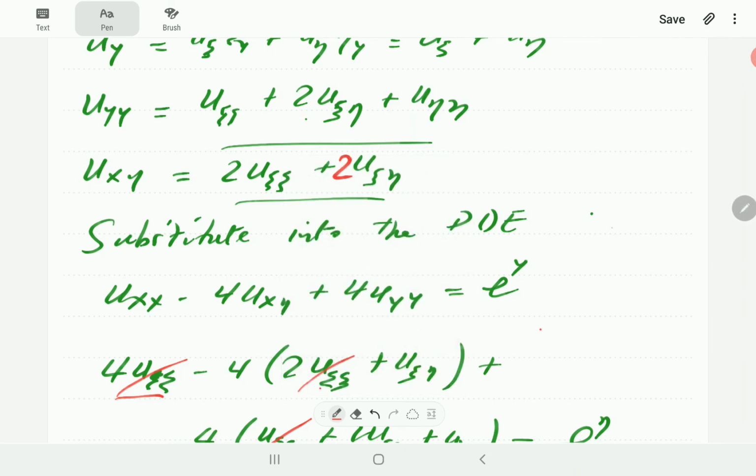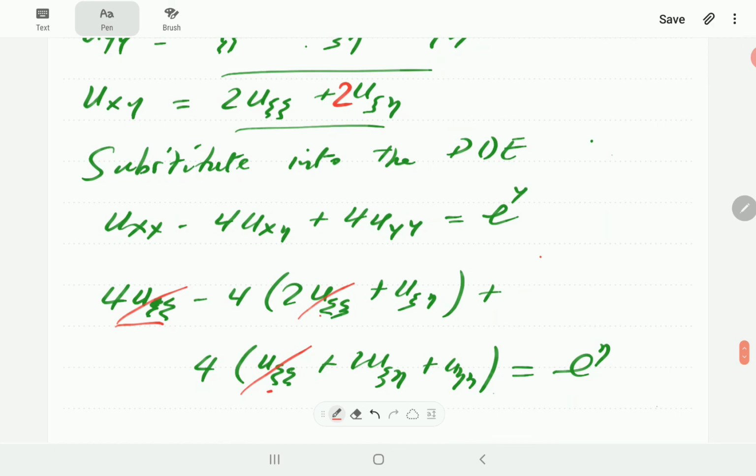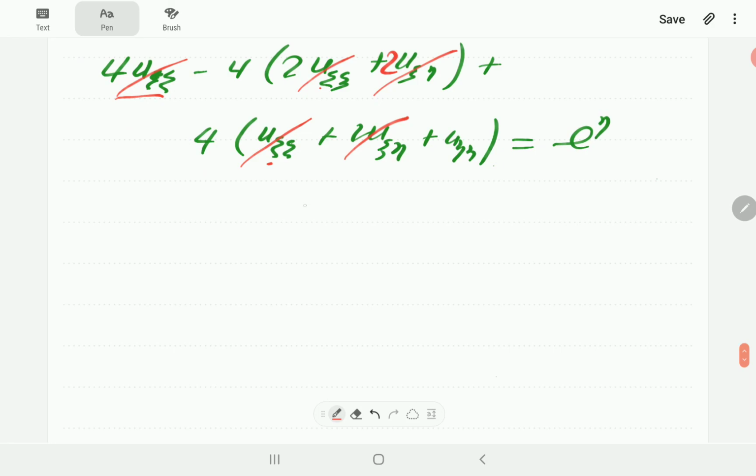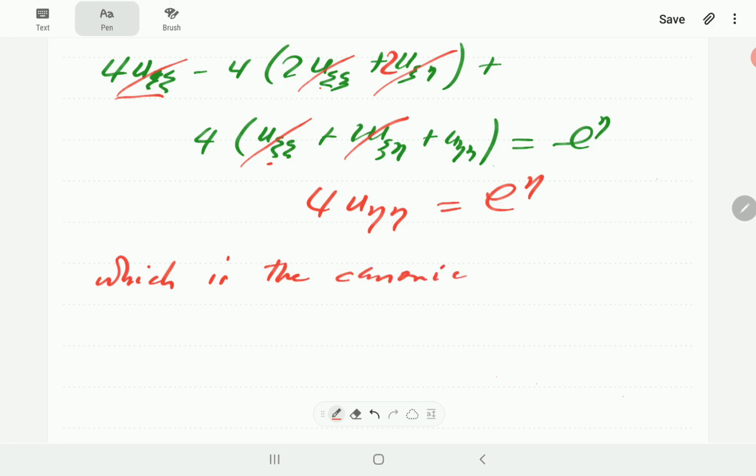This must be 2, so that is going to make that 12 there, and then the xi eta terms, there is a minus 8 here plus 8 here, so the only term that's going to survive on the left hand side is the u eta eta terms, and there's 4 of those. So this is our canonical form for this equation.